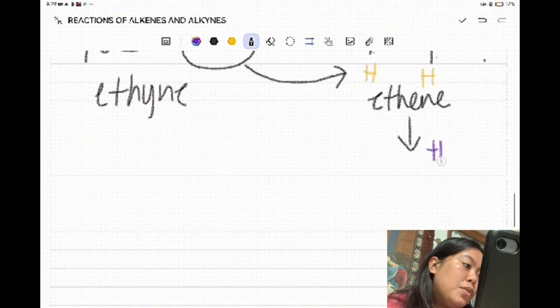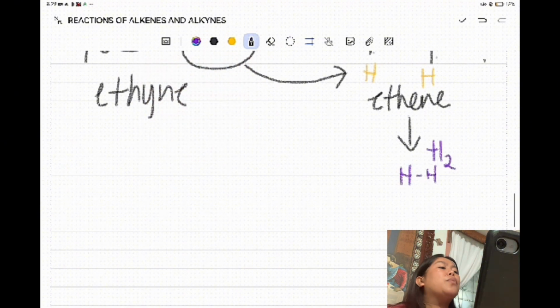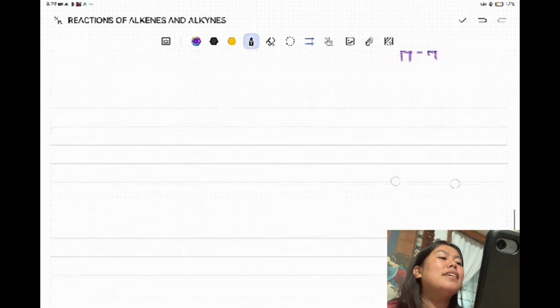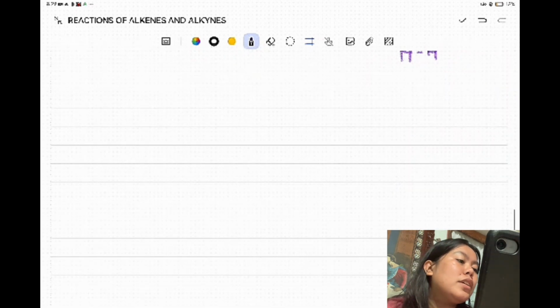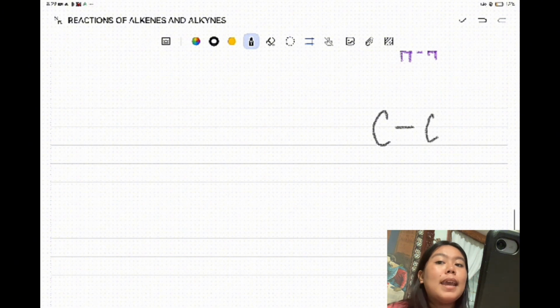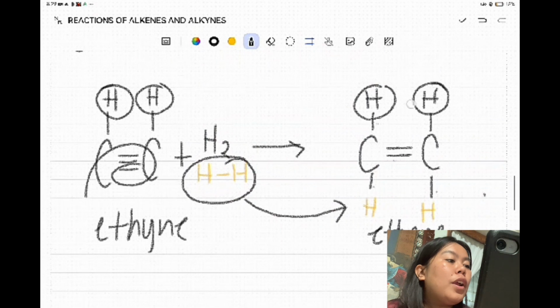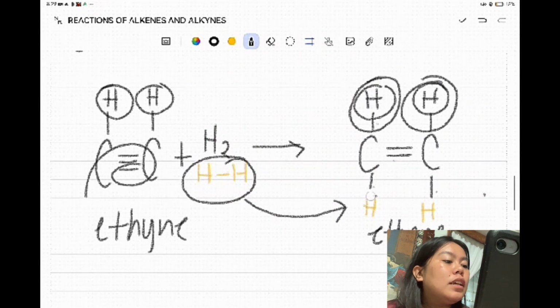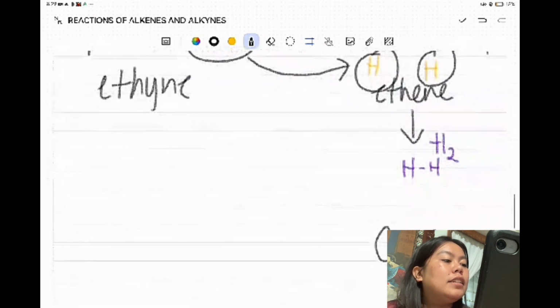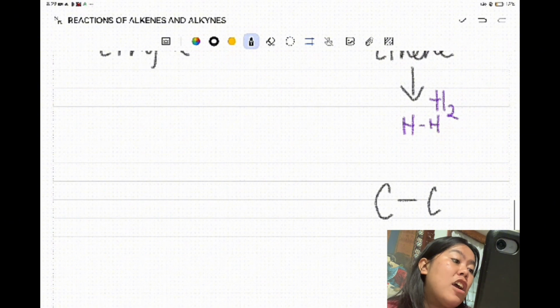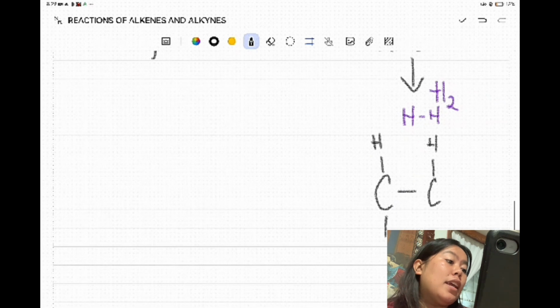Another H2, H to H, is added. The structure changes so that instead of a double bond, it is now a single bond. Then we copy the 4 original hydrogens from ethene, and it becomes ethane.